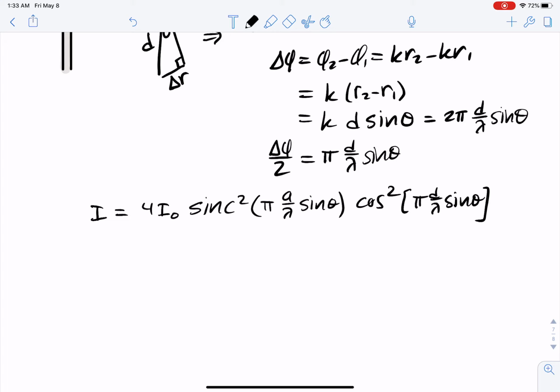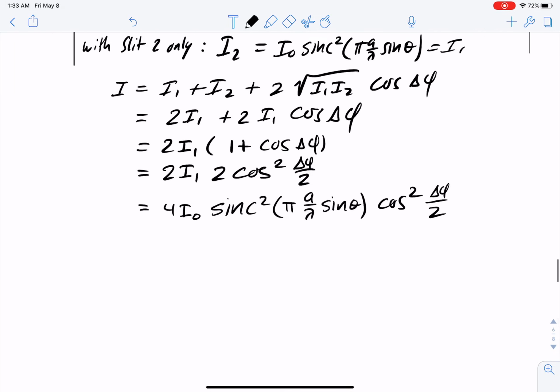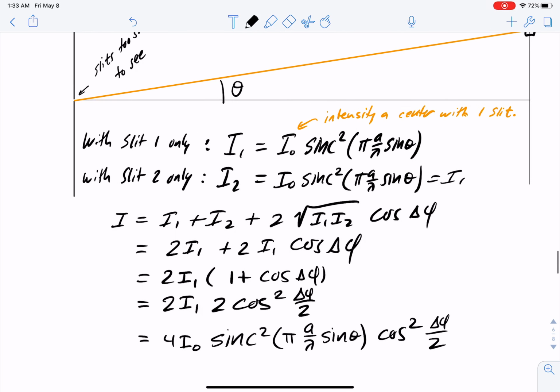Which is actually the equation that we gave before for the intensity of the double slit pattern. It's slightly different because before I used I0, and this I0 is slightly different. If we go back to where it came in, it was here.